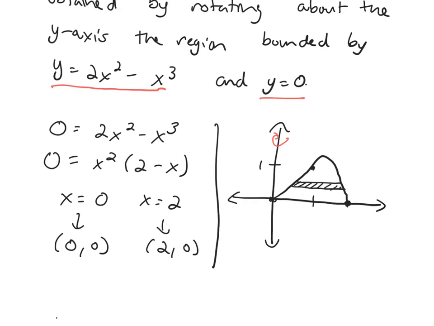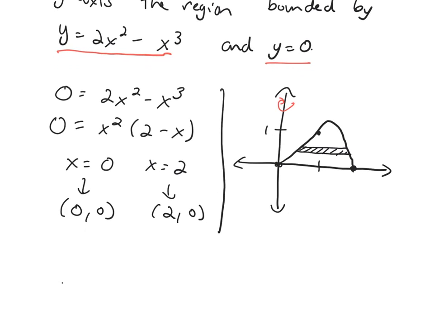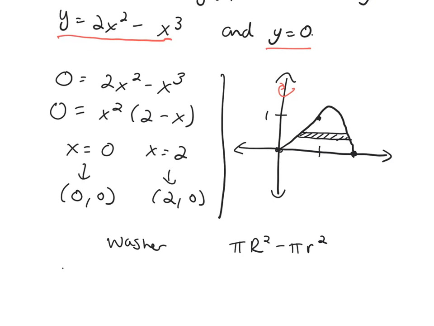Okay, so we're still talking about the same method we've been talking about. We said we get a washer. And remember this formula, it's pi big R squared minus pi little r squared. I'm rotating about the y-axis.